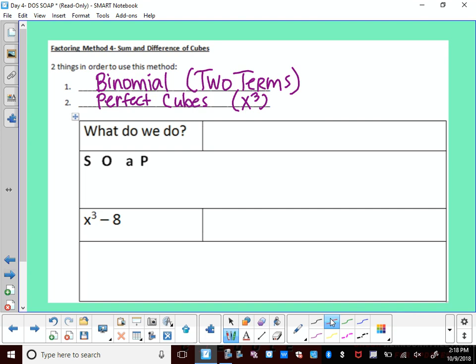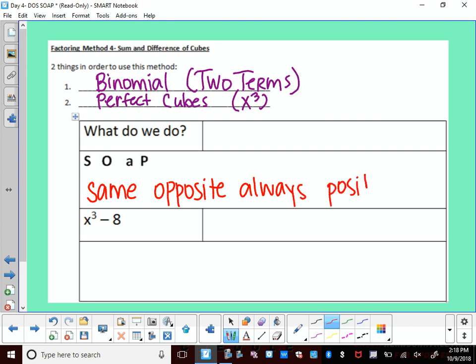What it means is same, opposite, always positive. So if you look, it's S-O-A-P. This is for your signs. This tells you what kind of signs to do. Same, opposite, always positive.